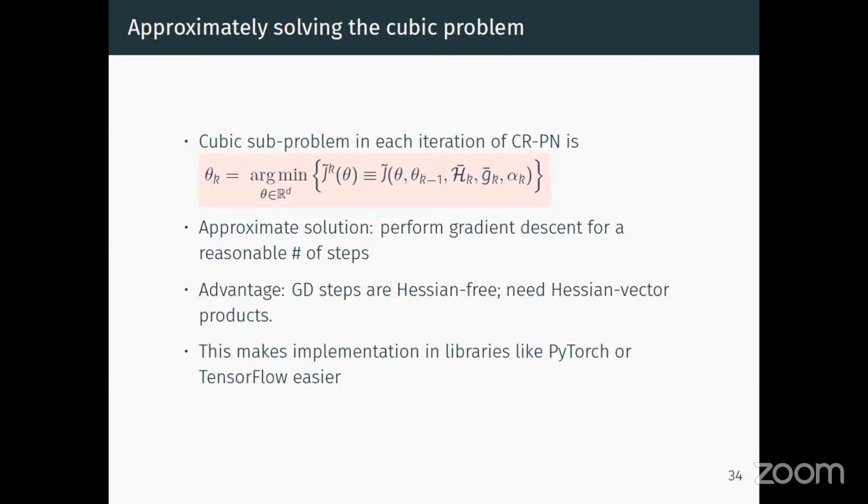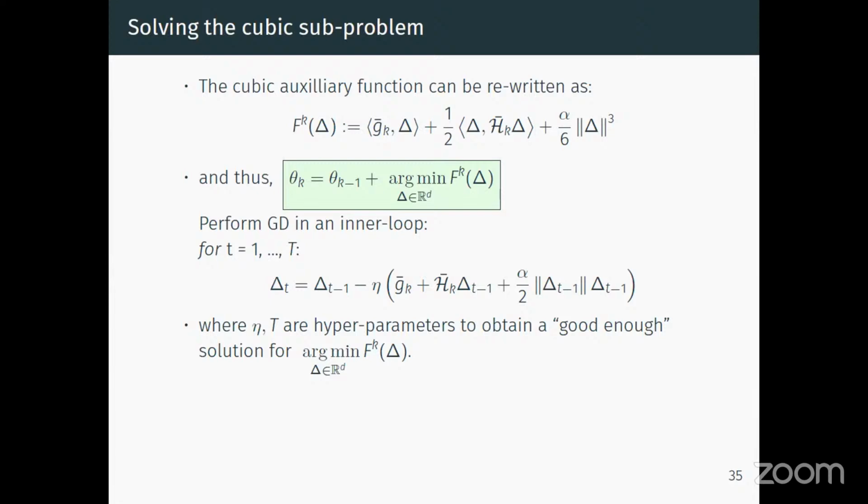Instead I do a bunch of gradient steps. In practice, you can do a reasonable number of gradient steps. You know that if you do gradient descent for a function, it gets close to the optimum fast, although it may not get there towards the end as fast as you like. But this is a reasonable approximation.